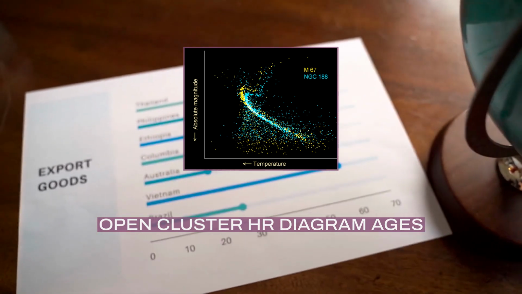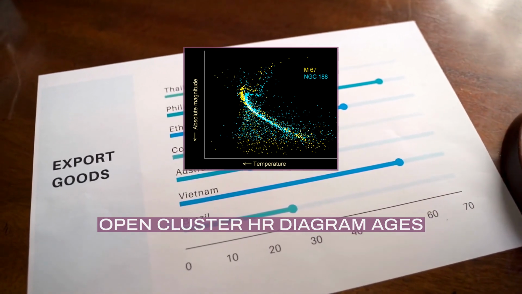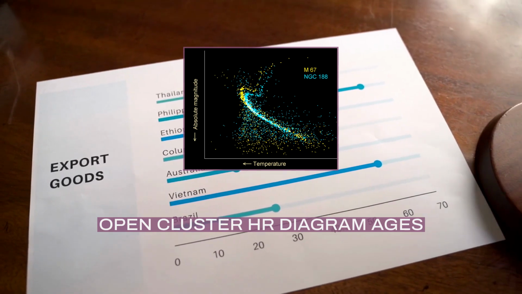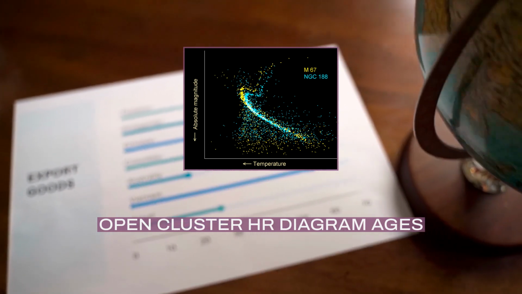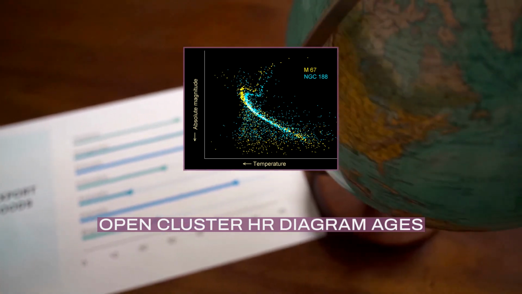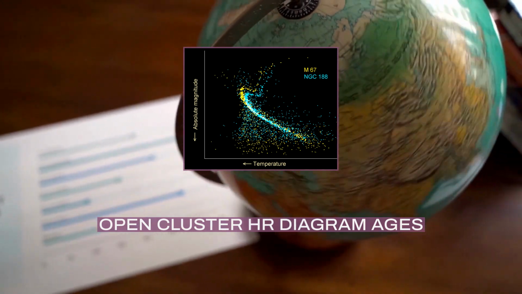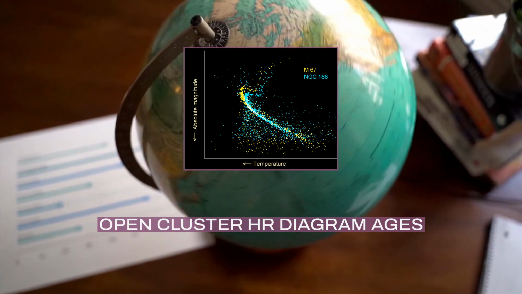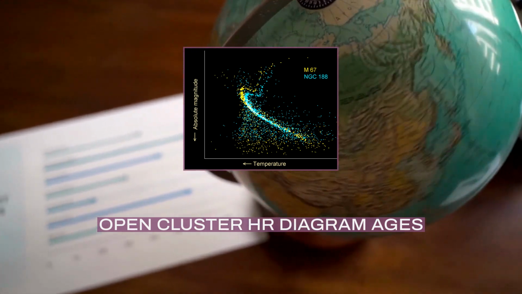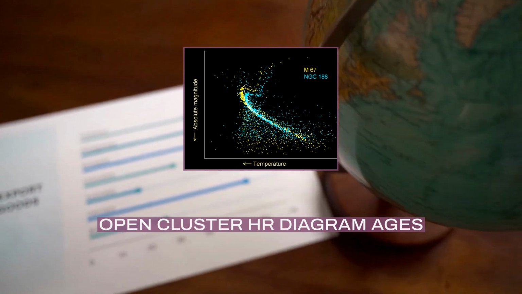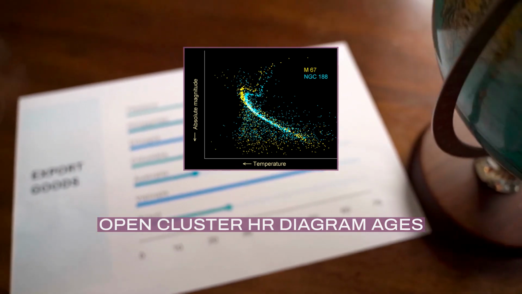Globular clusters such as Omega Centauri and old open clusters such as are sufficiently old that they show a pronounced subgiant branch in their color magnitude diagrams. Omega Centauri actually shows several separate subgiant branches for reasons that are still not fully understood, but appear to represent stellar populations of different ages within the cluster.